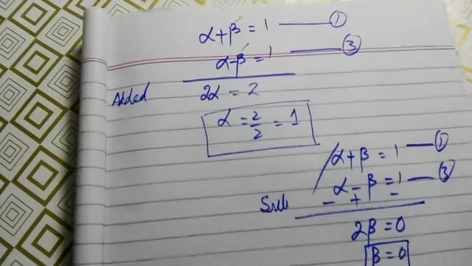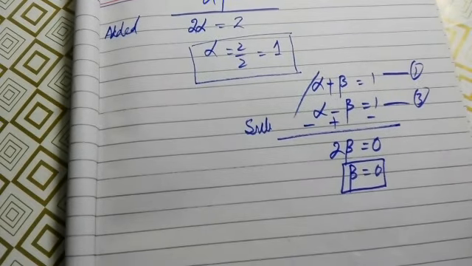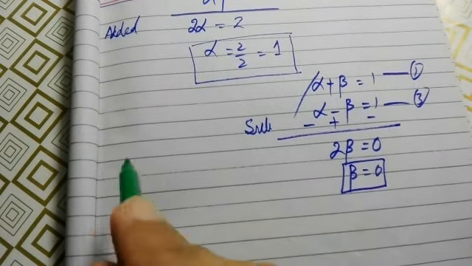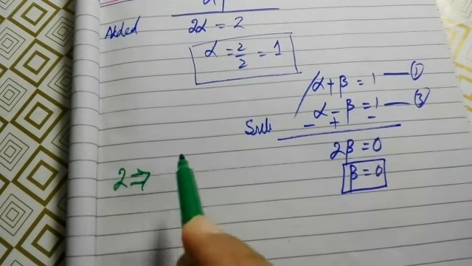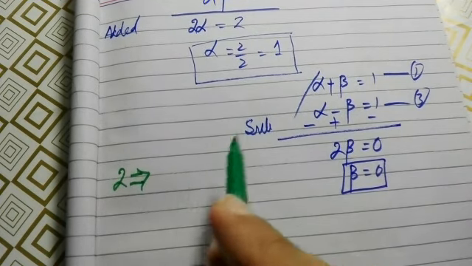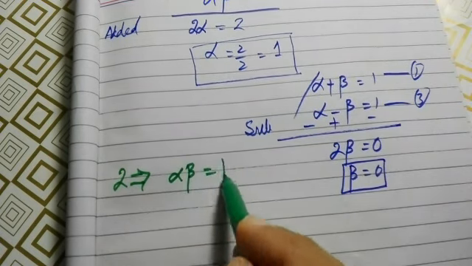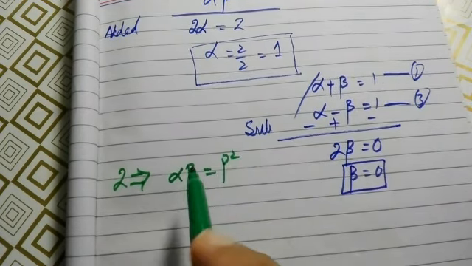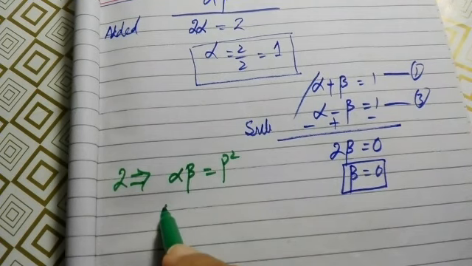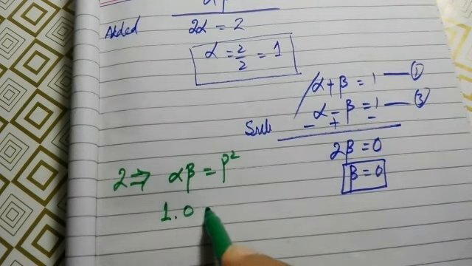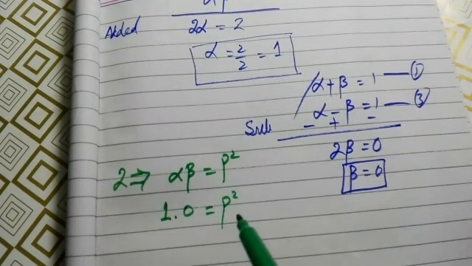Once we have found the values of alpha and beta, I will put them in equation number 2. So what was equation number 2? Equation number 2 states that alpha beta equals to p square. So we will substitute the values. Alpha will be 1 and beta will be 0. So it will become 0 equals to p square.